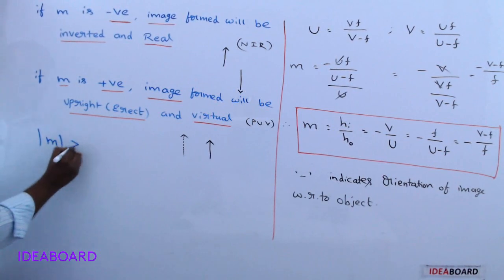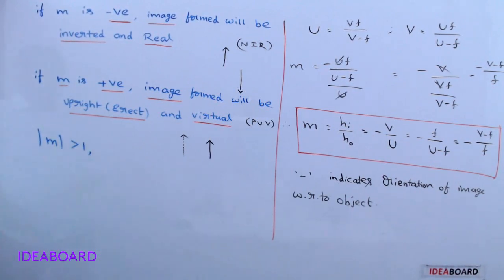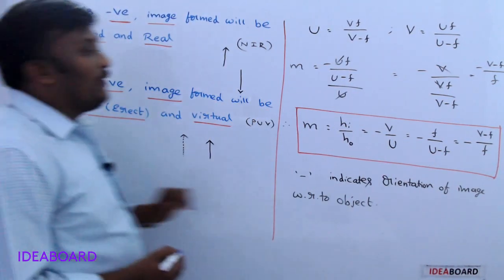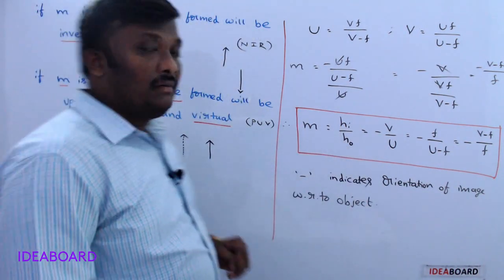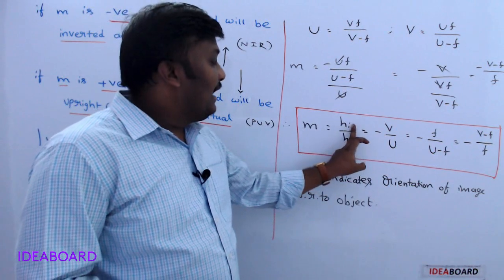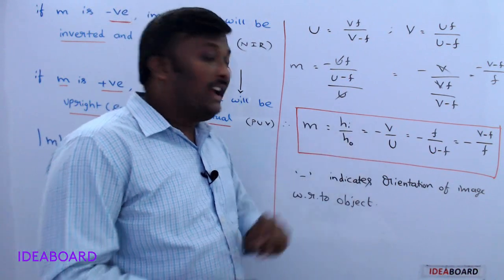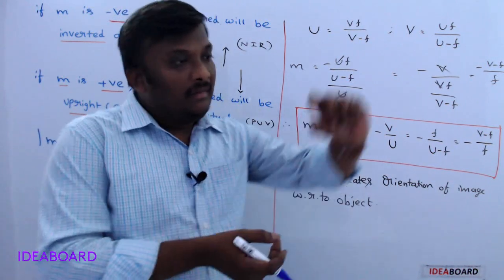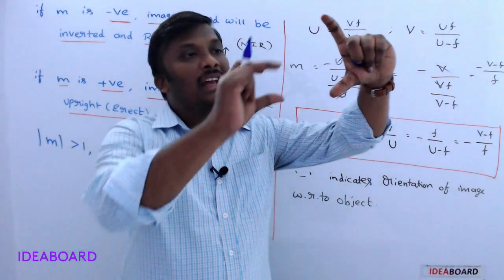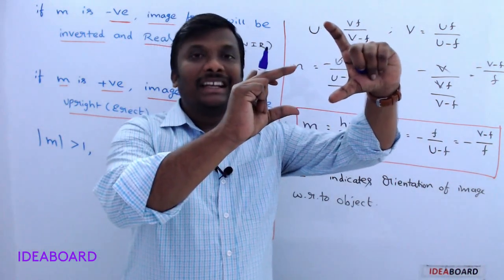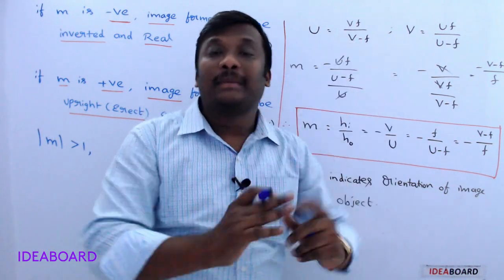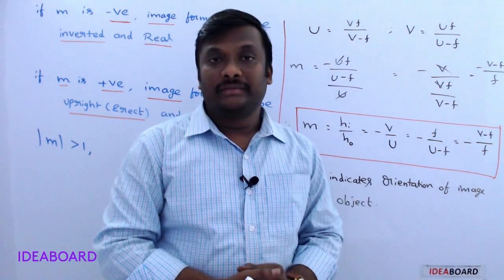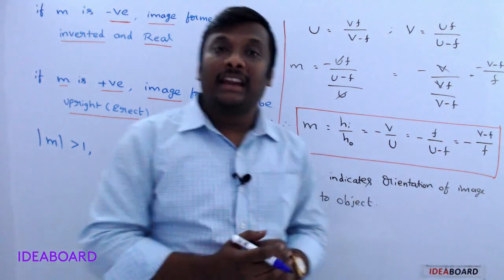Next, suppose the magnitude of M is greater than 1. Magnitude of M greater than 1 means Hi by H0 is more than 1. That indicates the height of the image is more than the height of the object, so its size is more. So the image is enlarged.